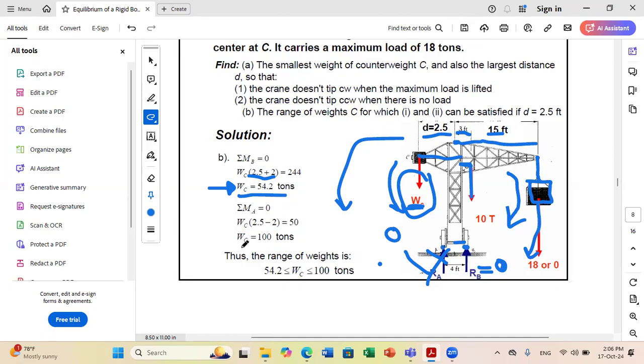And if I solve, I get that the maximum possible counterweight is 100 tons. So I can say from this solution that if I fix the distance D to 2.5 feet, the range of counterweight I can use is between 54.2 and 100.